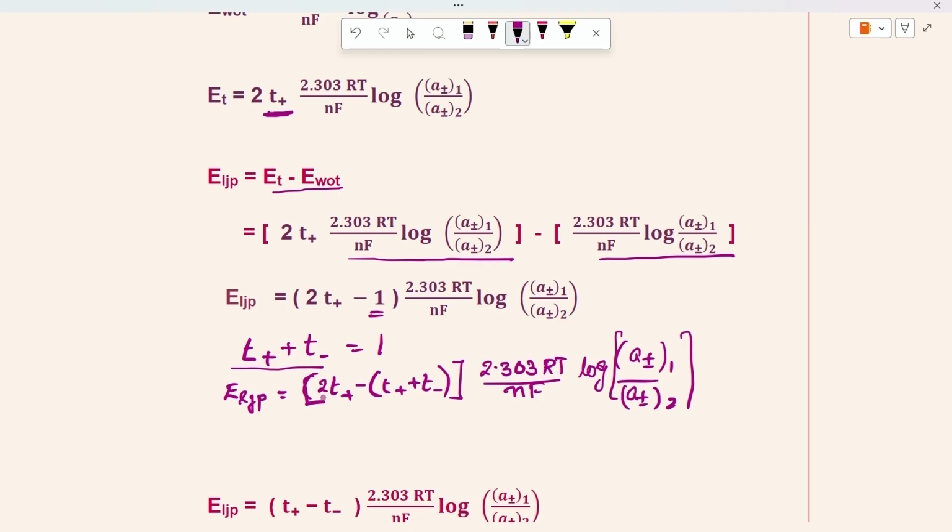Here it is 2T plus, and this minus gets inside, this becomes minus, and here we will have only 1T plus.